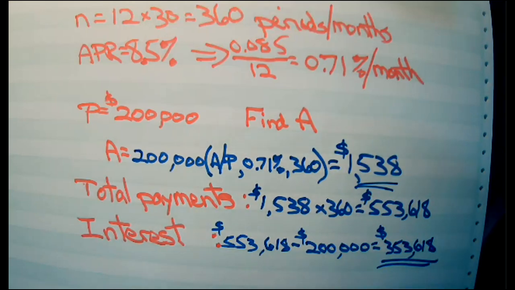You paid over the life of this loan $353,618. That's not quite twice the principal in interest, but it's way up there. So much more interest than principal paid on that loan.